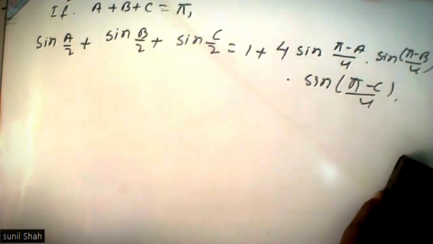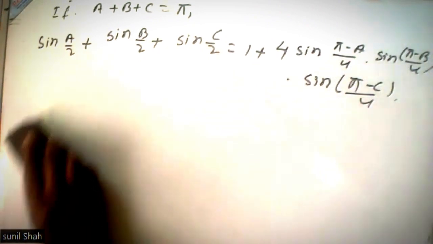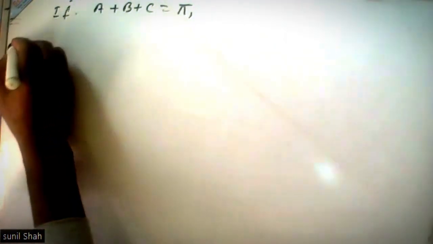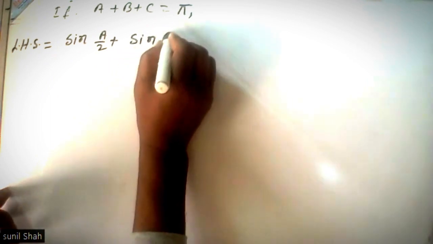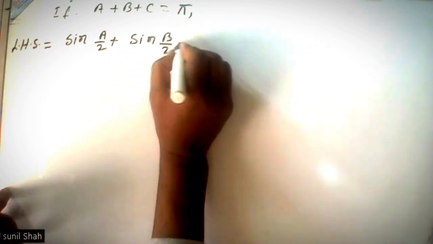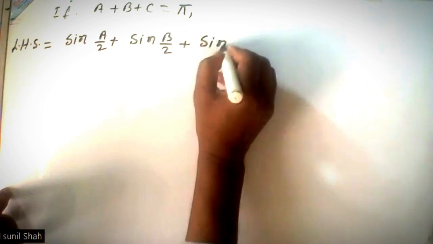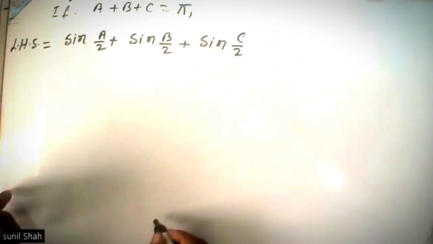What is sin pi by 2? Sin pi by 2 means sin 90 is 1. LHS is sin A by 2 plus sin B by 2 plus sin C by 2.